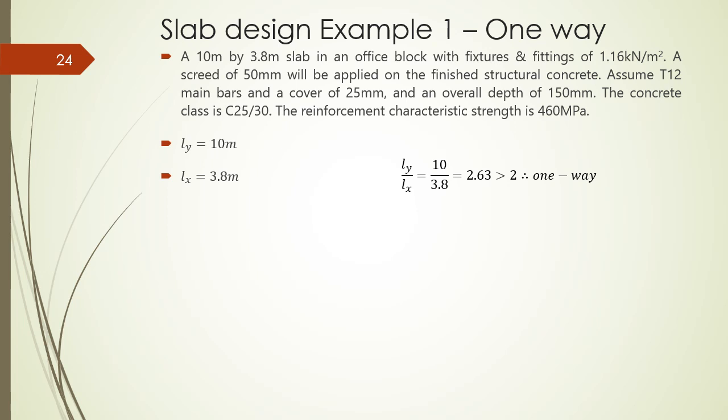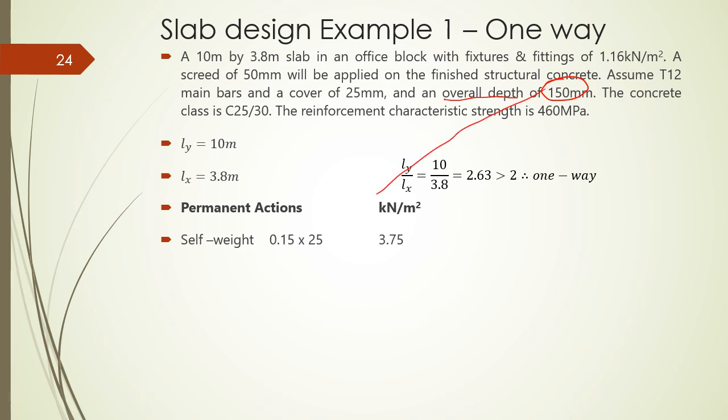To compute the loads, we'll first start with the permanent actions. Start with the self-weight of the reinforced concrete, which we had been given that the overall depth was 150 millimeters. So converting this to meters, we'll get 0.15 times the density of reinforced concrete, which is 24 plus 1, gives us 25.